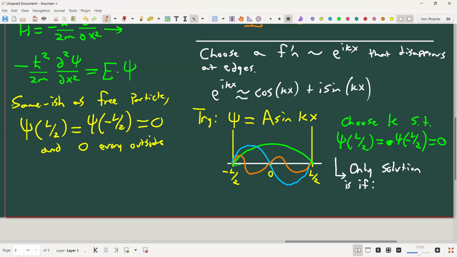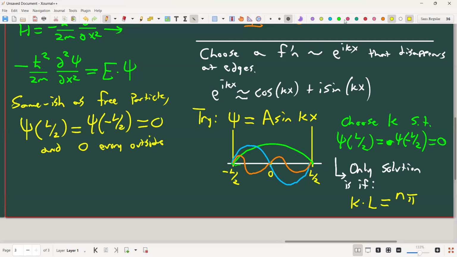This is pi radians, half a period. This is going through 2 pi radians. This is going through 4 pi radians. So every single solution for k has to be an integer multiple of pi. So the only solution that works is if k times L is equal to n times pi.